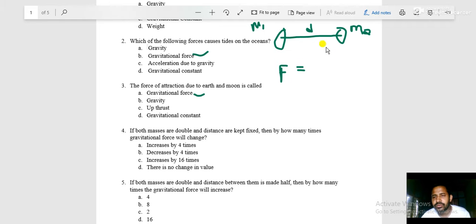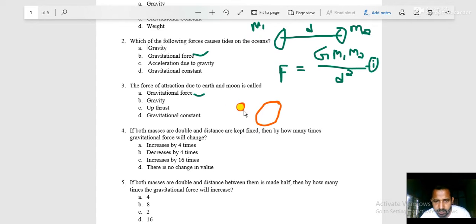Now the force will be G m1 m2 by d square. This is the force. Now what the question has changed is that the masses are doubled. Read the question again carefully. If this is m1, and the mass is doubled, then this should be 2m1.